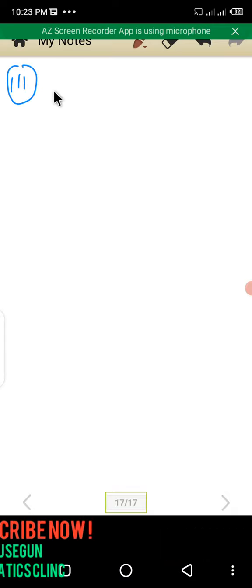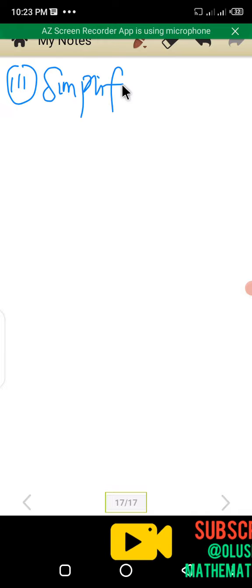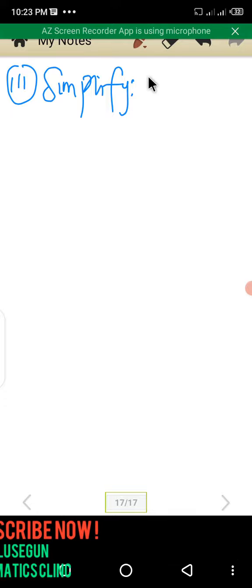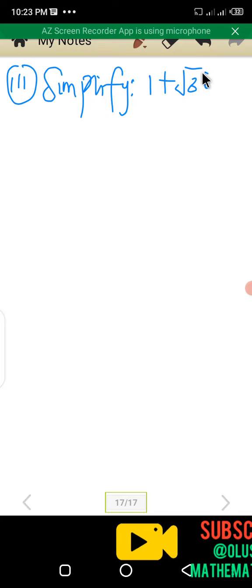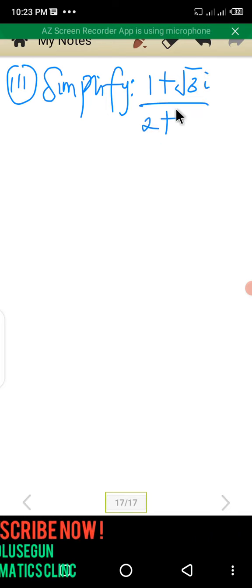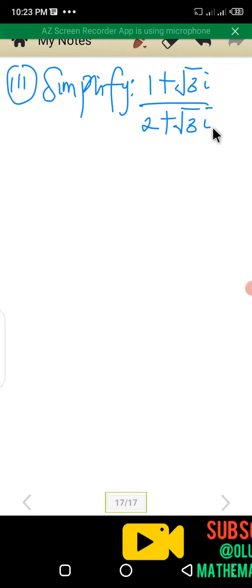It says simplify 1 plus root 3i all over 2 plus root 3i.